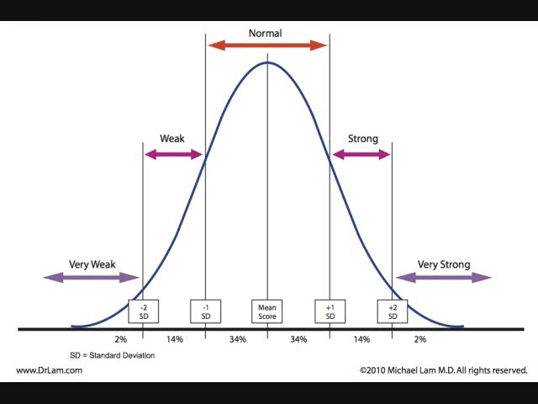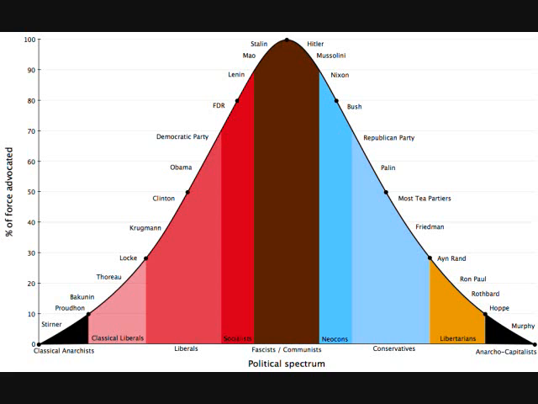It also puts people in categories based on physical abilities, emotional or physical or both, the very weak being at the lowest end, in between as normal, and at the higher end of the scale, very strong.